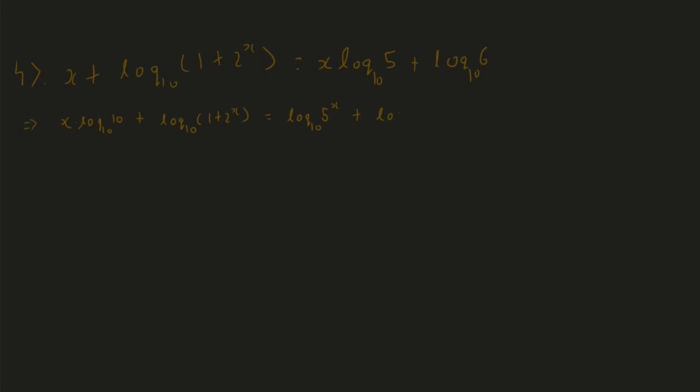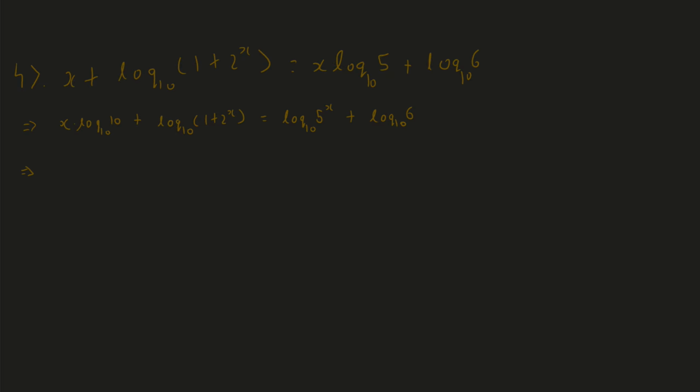We took x inside the logarithm by using the power property. Now we have log to the base 10 everywhere, just that now this x should be inside. So this is log of 10 raised to x to the base 10 plus log of (1 plus 2 raised to x) to the base 10, and the right hand side will be the same as it is.